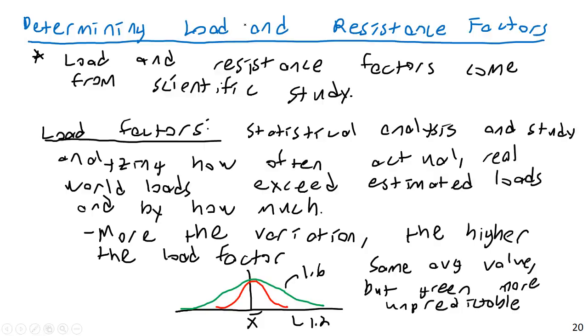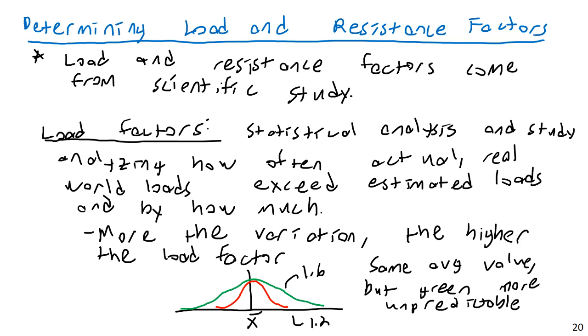Next, I want to talk about resistance factors. How do you determine these? And again, when you actually design this stuff, you don't have to do these analyses yourself. You don't have to go and count a bunch of classrooms. For wind load, you don't have to go and measure a bunch of winds whenever you're designing a building. But over the decades, as LRFD has been developed, researchers in both academia and industry have done these types of studies.